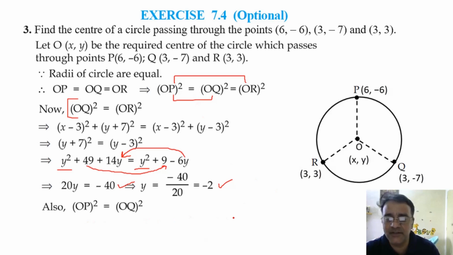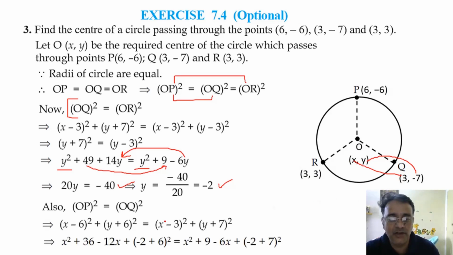So OP square is equal to OQ square. So x minus 6 whole square plus y plus 6 whole square, because y minus of minus 6 will become plus 6, and x minus 3 whole square plus y minus of minus 7, that is y plus 7, whole square.